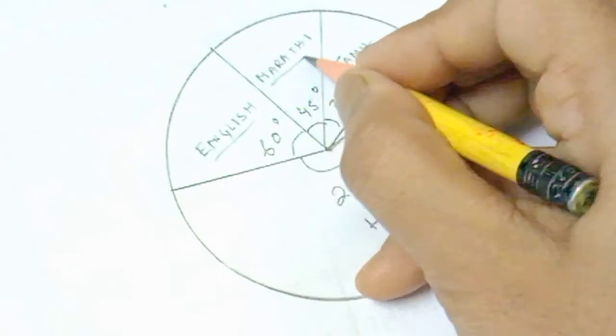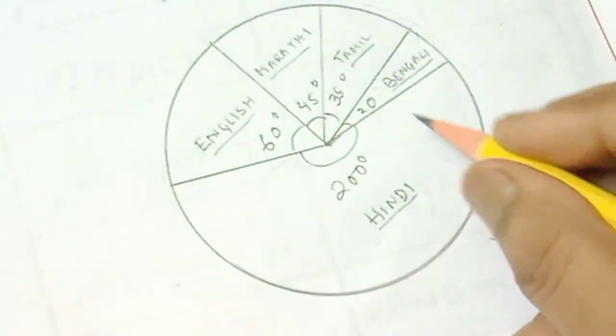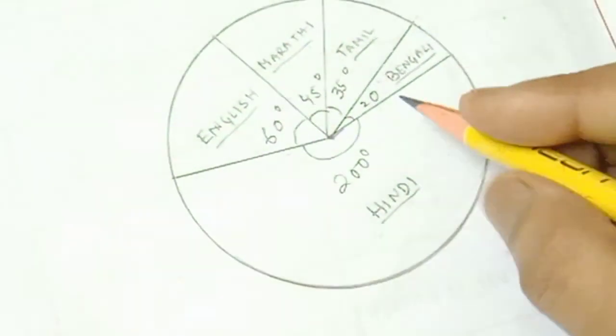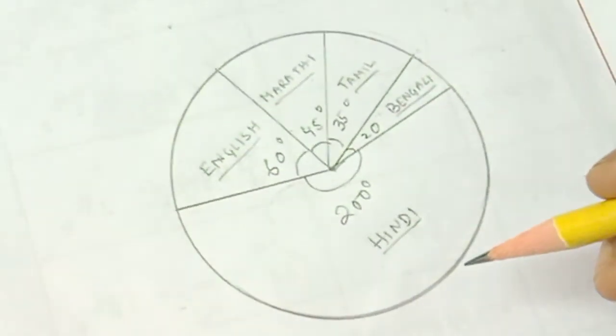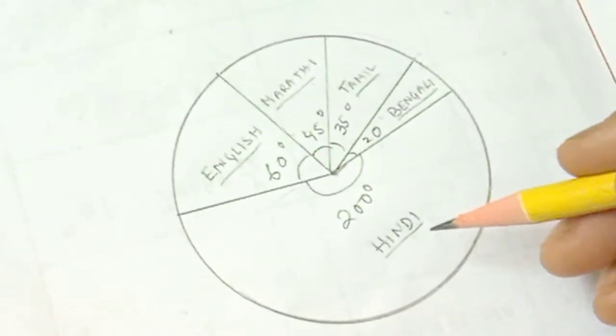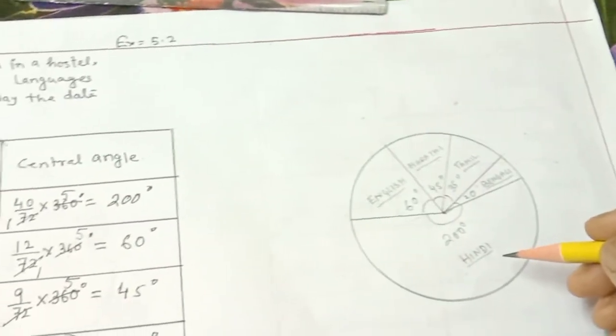In this way you have to indicate all the different languages which you are showing in the pie chart, and the central angle also you have to mention in this way. I hope this will be very easy for you, but you need to practice.